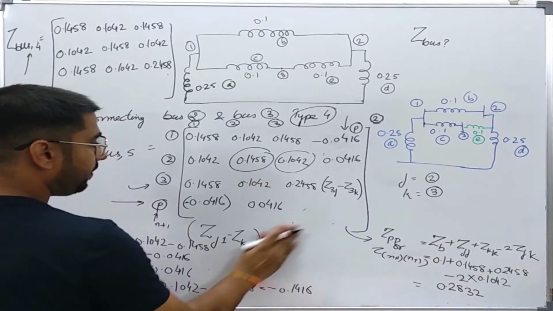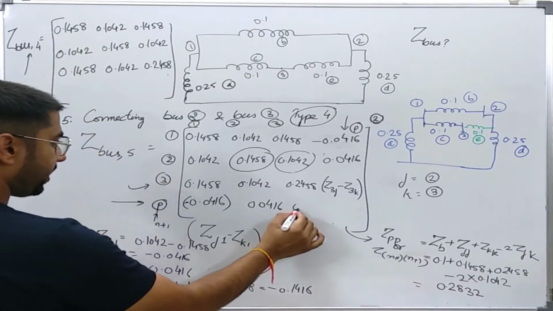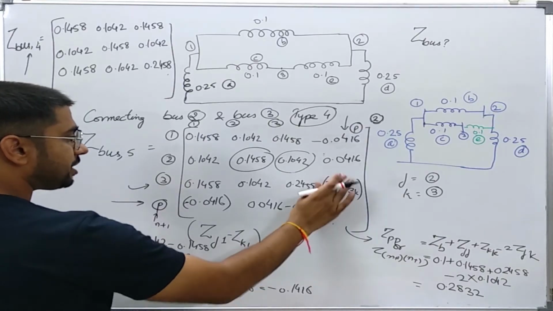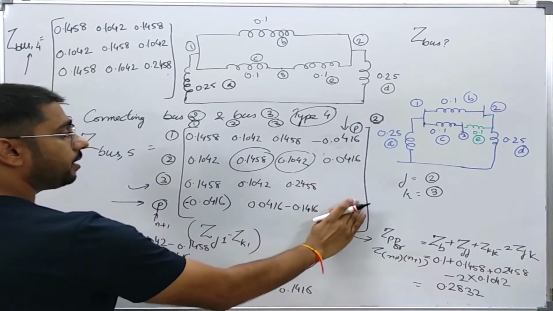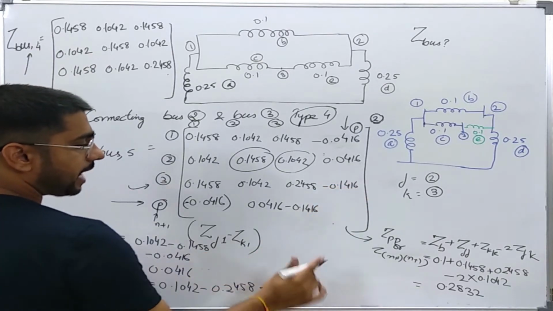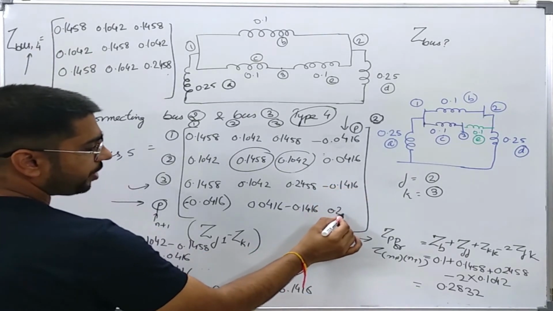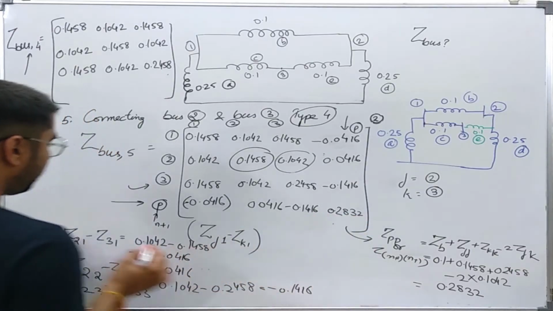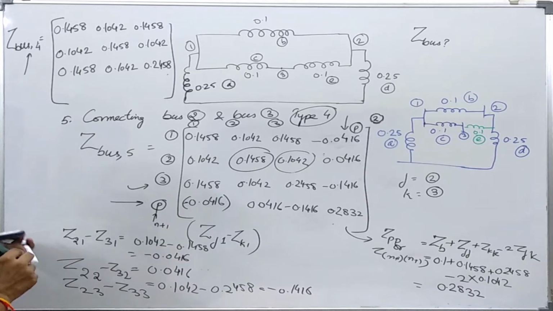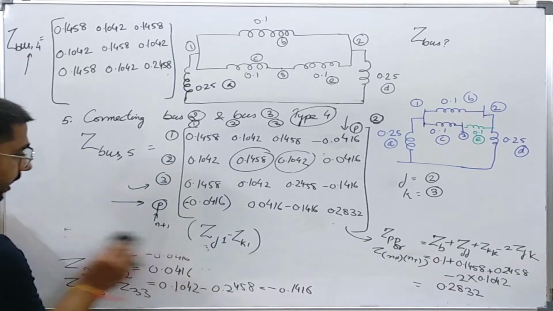So this element will be minus 0.1416. Similarly, this element will be minus 0.1416, and this element I already calculated as 0.2832. Now I have got one 4x4 matrix here.